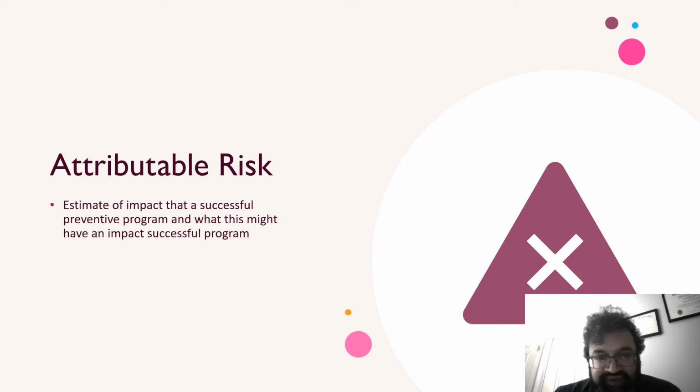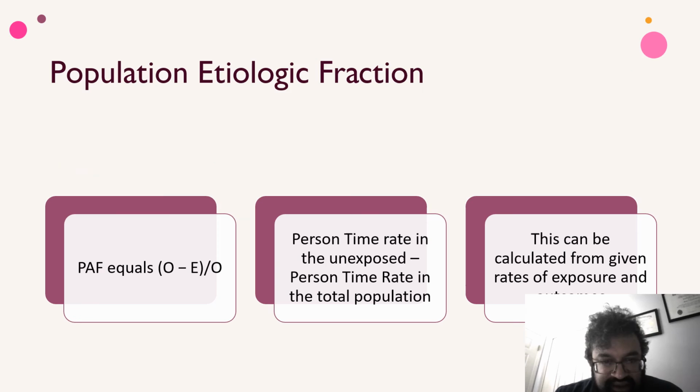So, going into attributable risk: an estimate of the impact that a successful preventive program has. PAF, the population etiologic fraction, is conceptually more difficult to understand because there's subtraction going on, but it makes logical sense.